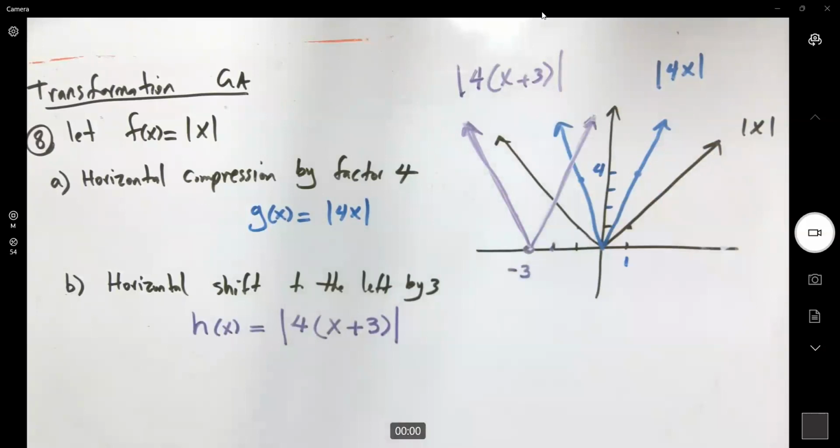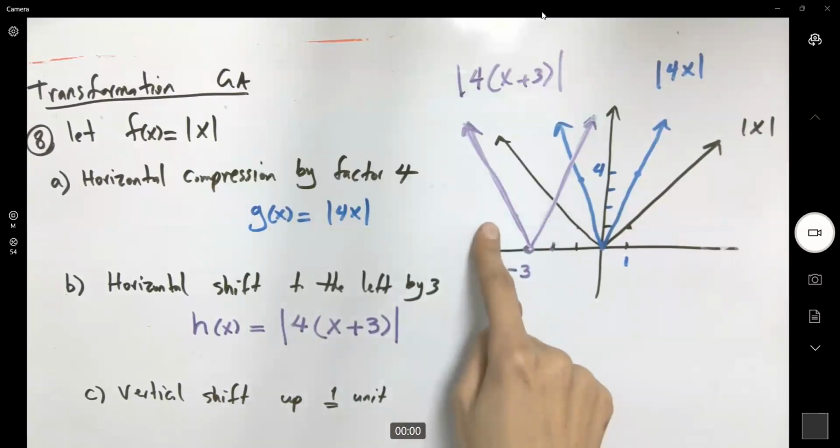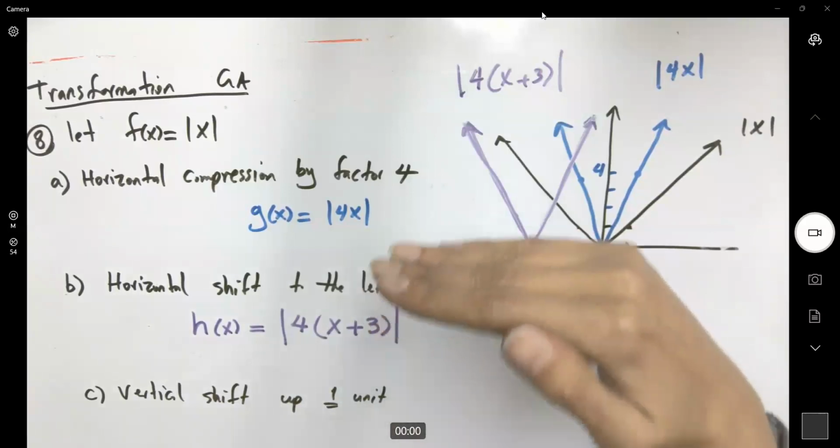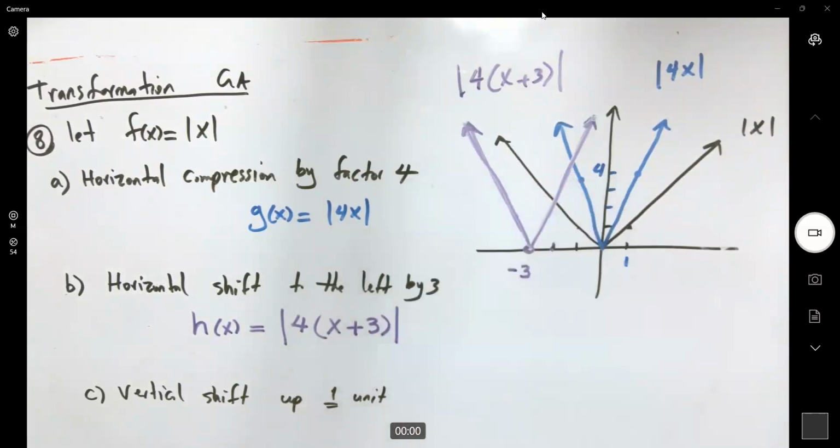There we go. And finally it says, now give me a vertical shift upward 1 unit. So now I'm taking this guy and shifting it 1 unit upward.